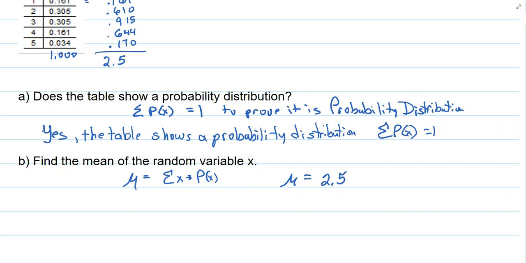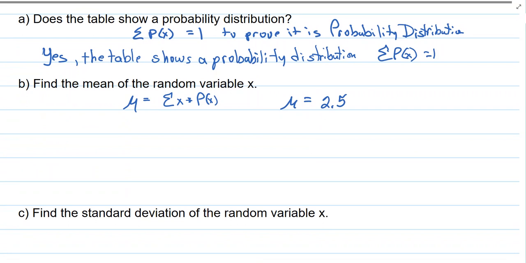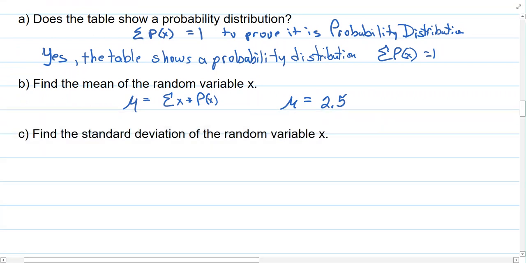Now we need the variance, or actually the standard deviation. The formula is sigma equals the square root of the sum of x squared times p of x, and once we get that, we subtract mu squared.